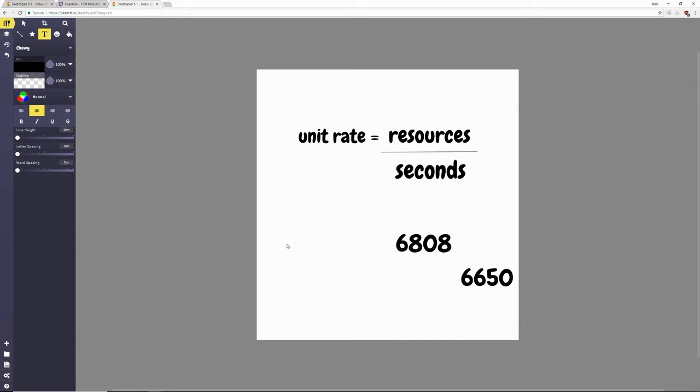That happened in a span of 3 seconds. So you have to find the difference in our resources and then divide that answer by 3 seconds, and that will give you the unit rate, or how many resources I spent per second. So calculate that, and we'll get back to the video.